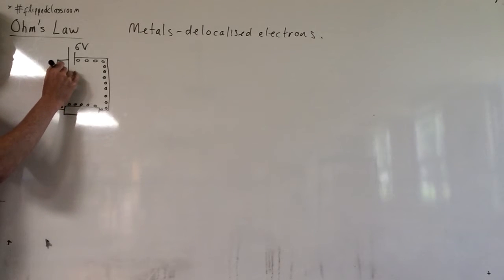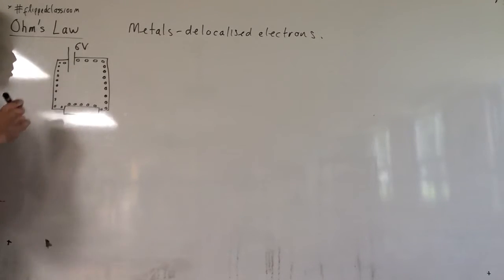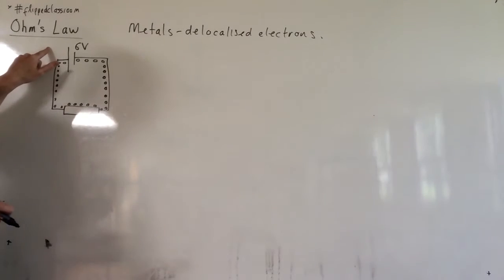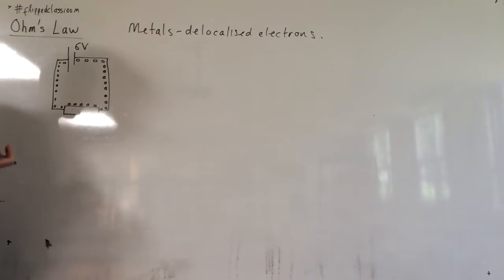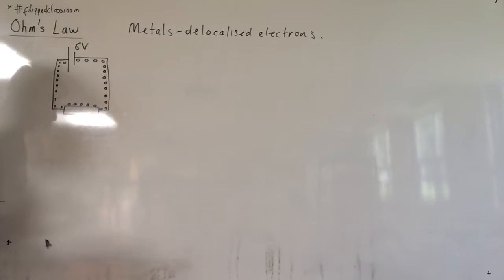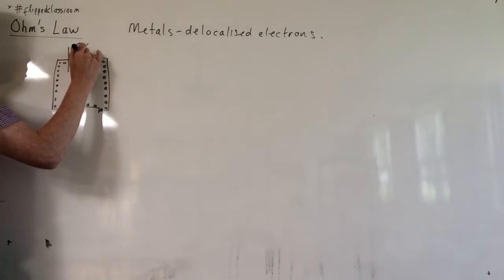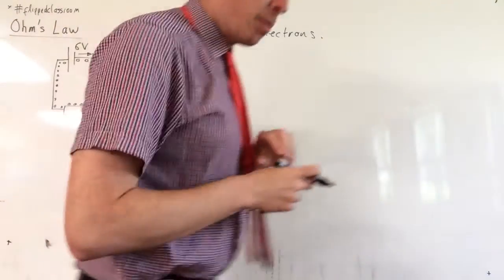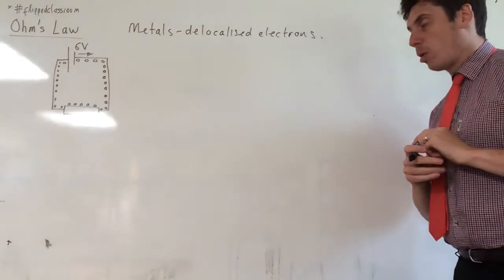Some people choose to think about this as the battery providing a kick to the electrons and forcing them around the circuit. What happens is, the voltage supplies the electrons with energy, and that's free to move around the circuit.